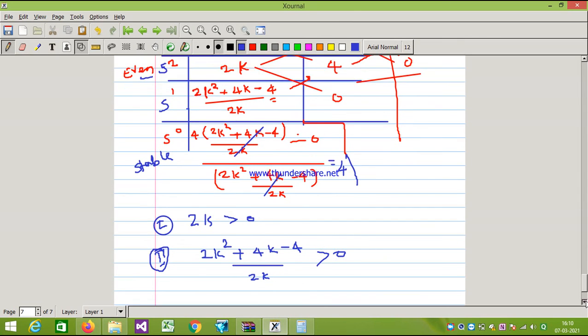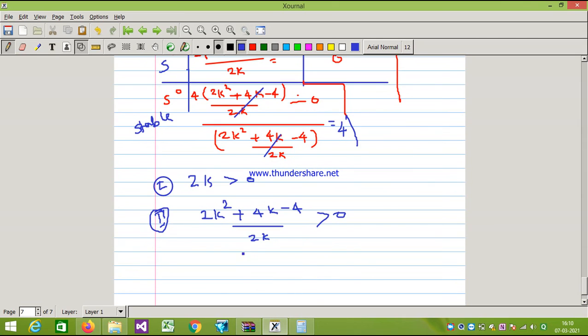Okay, so let's solve this. 2k, when we shift it to this side, it becomes multiplication, and 0 into anything becomes 0. So 2k square plus 4k minus 4 greater than 0. We can shift everything, so minus 4 when we shift to that side becomes 2k square plus 4k greater than 4, right?